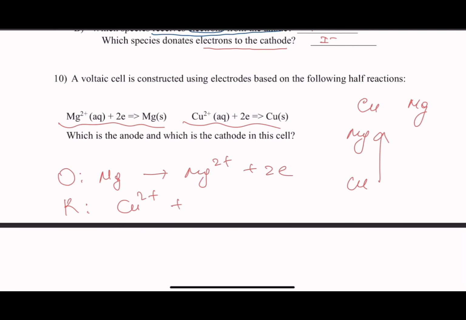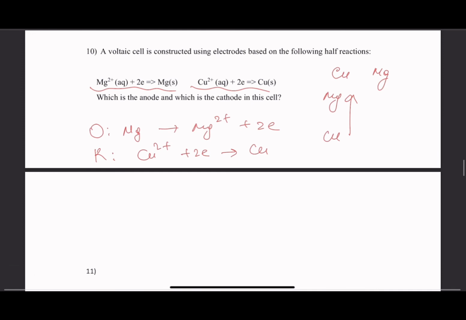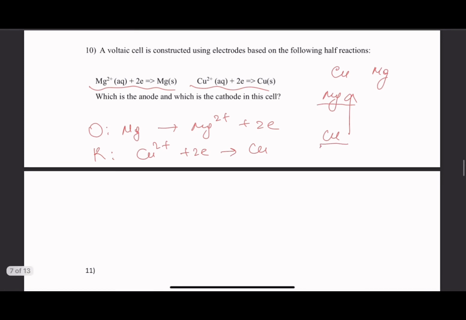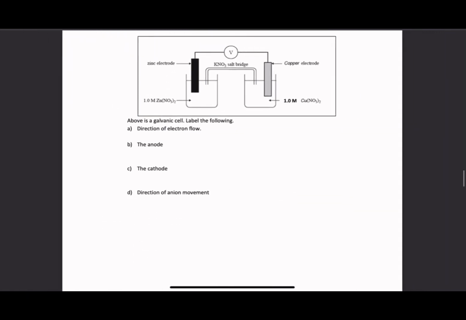Copper 2 plus takes 2 electrons and is reduced. Which is the anode, which is the cathode? Because magnesium is higher than copper, magnesium oxidizes. Oxidation happens at the anode, and this is the cathode because that's where the reduction happens. Red cat, an ox.